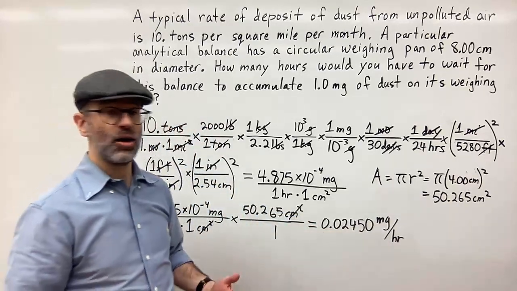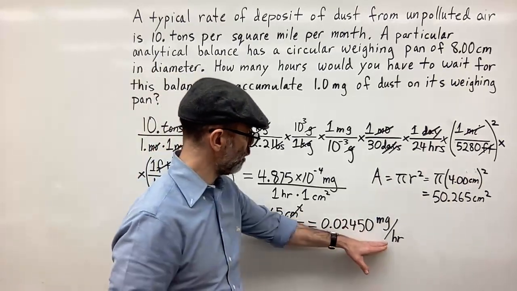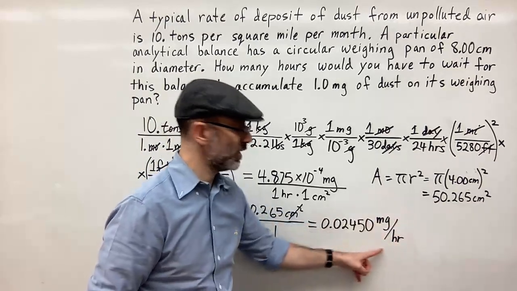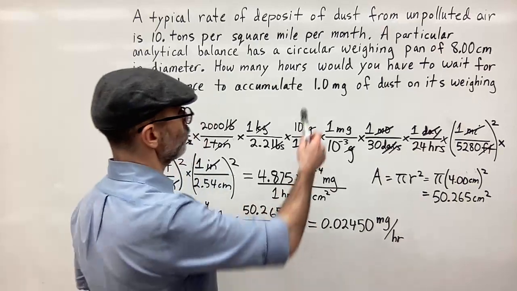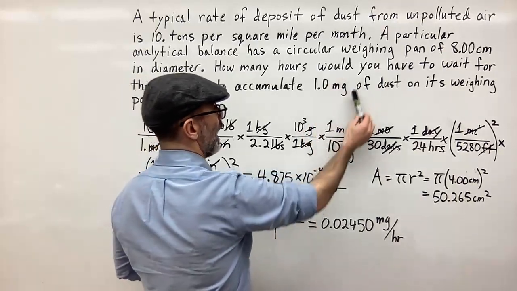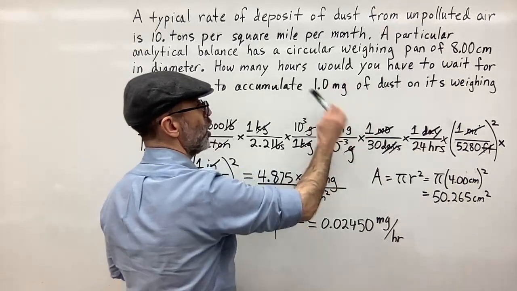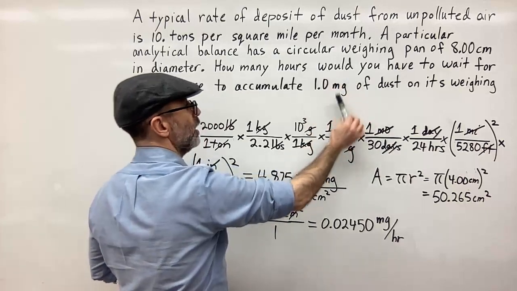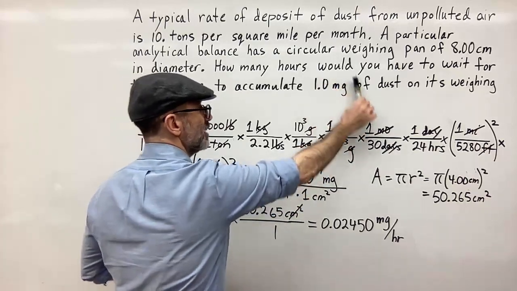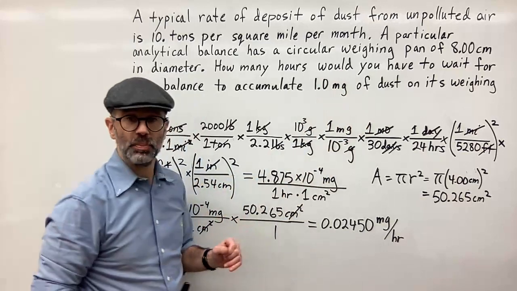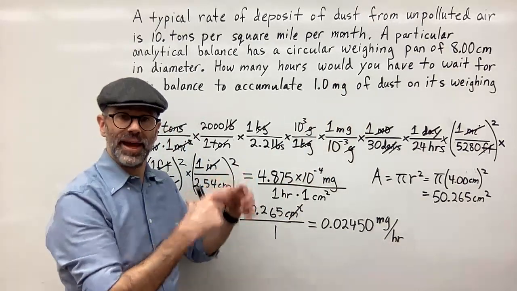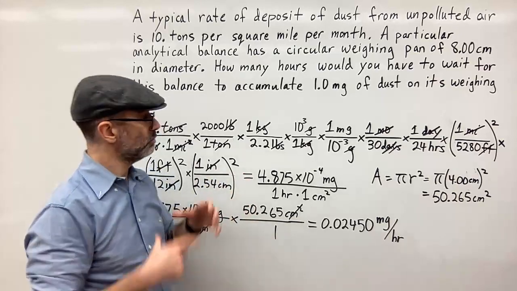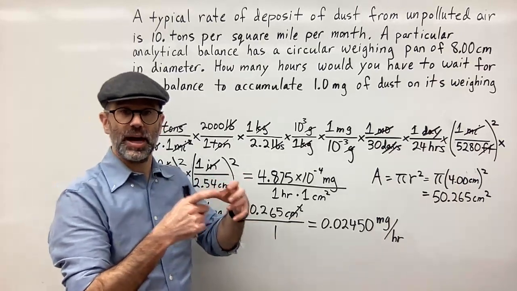Okay, so now I have a conversion factor. I can use this to convert milligrams into hours. So we want to know how long is it going to take to put this mass, 1.0 milligrams of dust, onto the area of that dish, that pan.